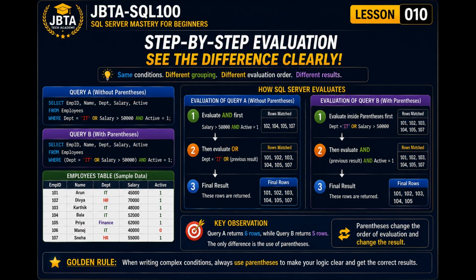If the query contains the not operator, SQL Server processes it before anything else. After completing the not condition, SQL Server moves to the and condition. Here, every condition connected by and must be true for a row to qualify. Only after completing the and evaluation does SQL Server evaluate the or condition. Finally, SQL Server combines all the evaluated conditions and decides which rows should appear in the result.